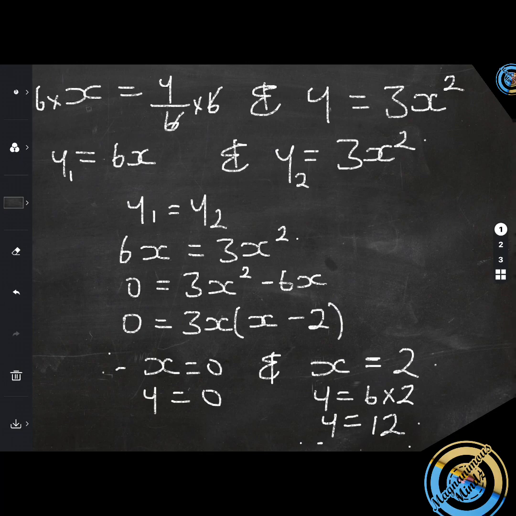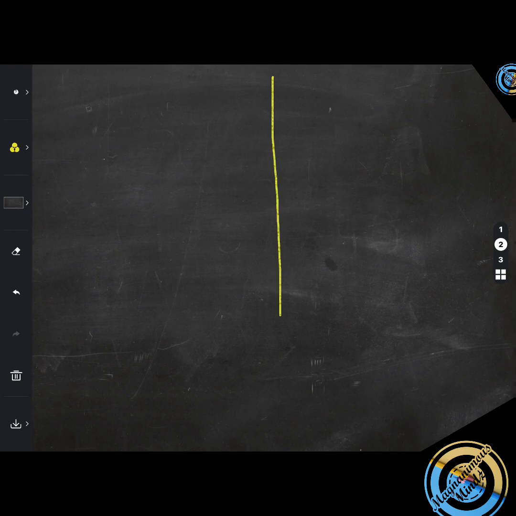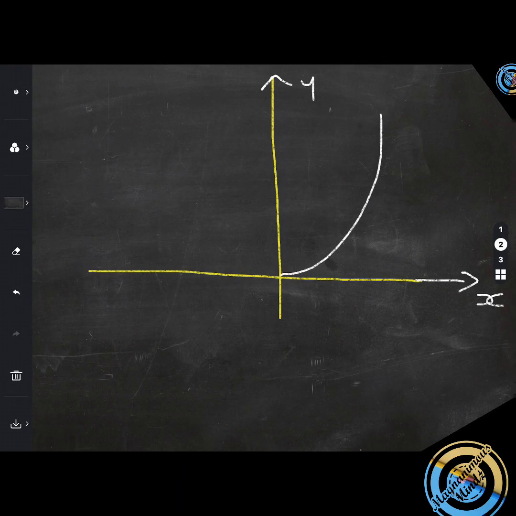And then the second question says draw a neat graph to show the enclosed area, the representative strip, and the point of intersection. So in this case, we have to draw the graph. We'll start with the parabola. There's the y-axis, there's the x-axis.